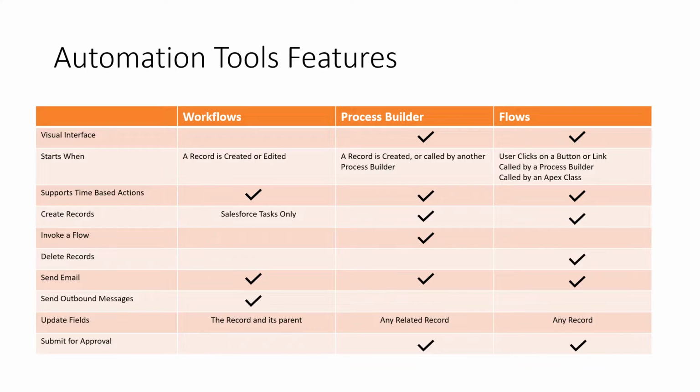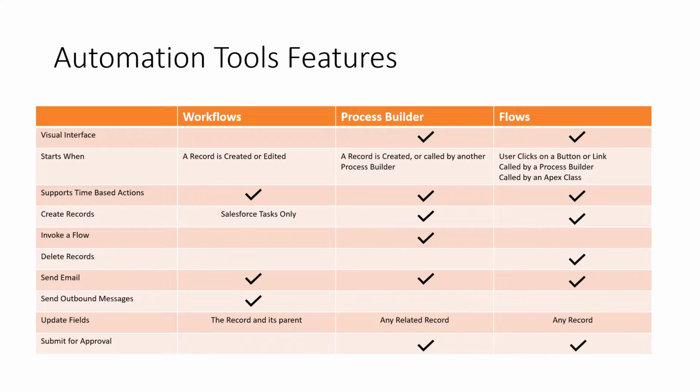For example, with the process builder, you will just be able to update the record that triggered it and its related records. But with flows, you can update any record in the system as long as you have the reference, like the ID or the incident number, but most of the time we need the ID. That's a big difference between flows and process builders. Flows can query the database directly and get the actual record, regardless of whether this record triggered the process builder or the flow.